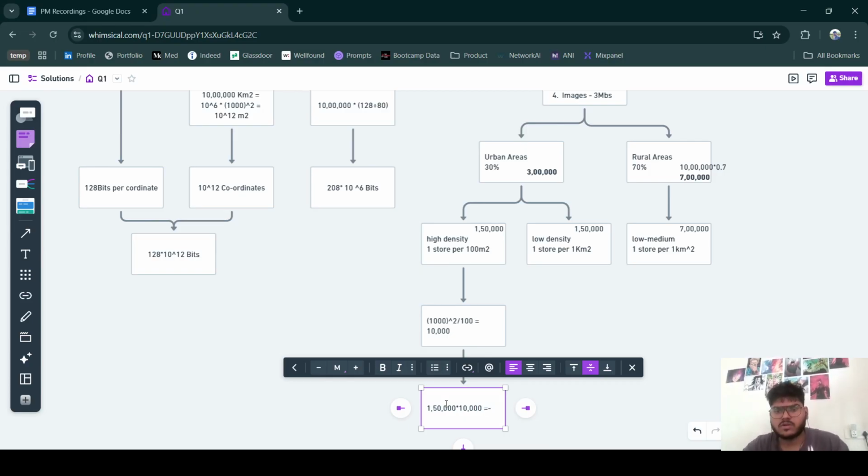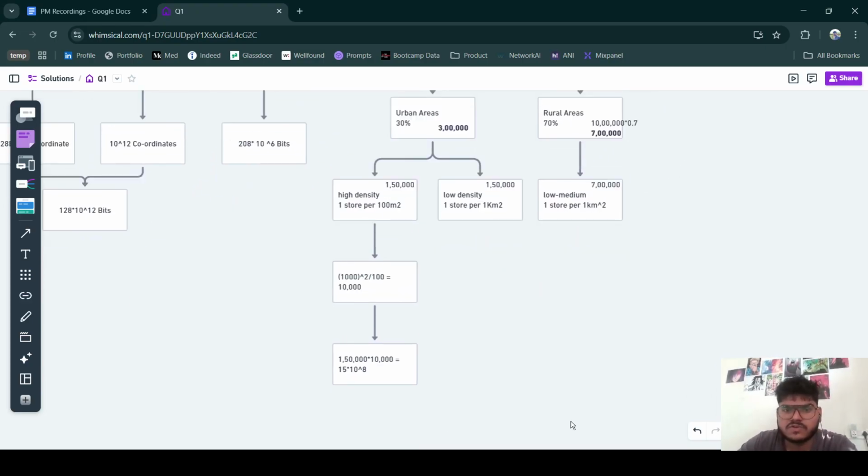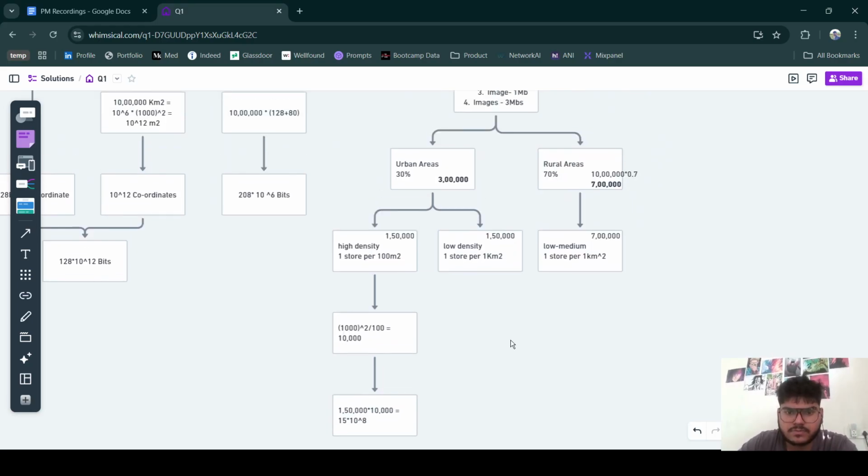That is going to come around 15 times 10 to the power 8 stores. This was the number of stores on the Google Maps.